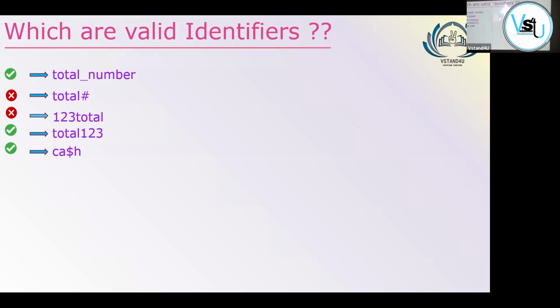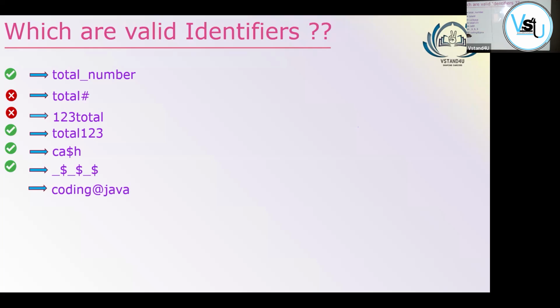There is no restriction. Only on digit starting is there a restriction. Am I clear? And dollar and underscore both are allowed. There is no problem in this. Perfect. What about this one?